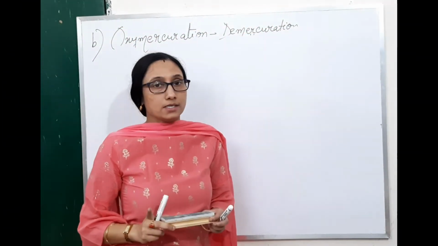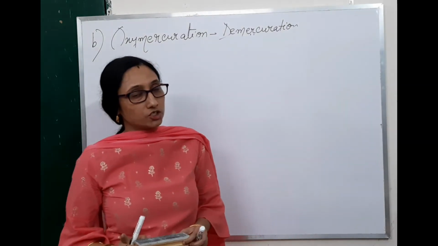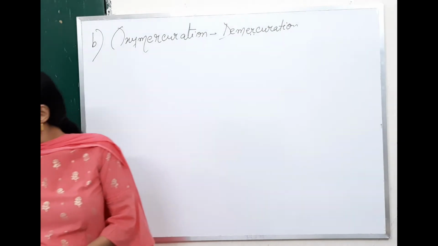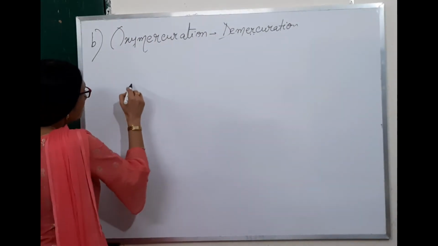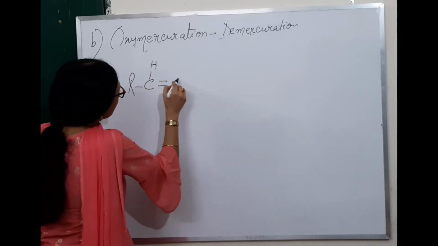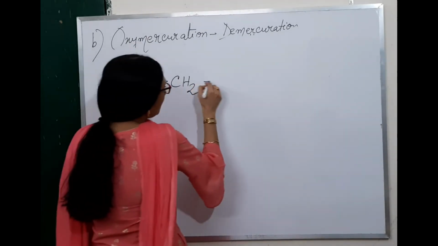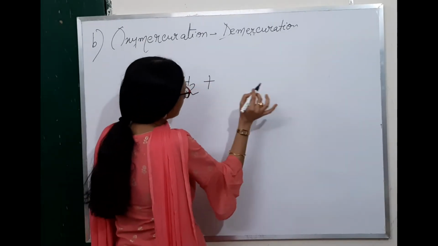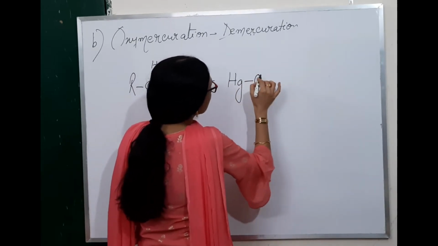Now we will discuss the oxymercuration and demercuration step by step. Let us take the unsymmetrical alkene, that is RCH double bond CH2 plus mercuric acetate. So let us draw the structure of mercuric acetate.